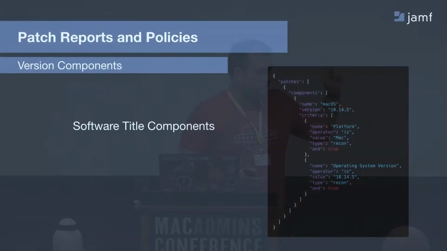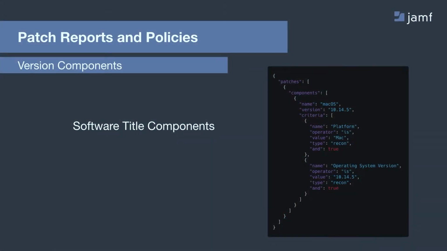So in order for a computer to be considered up to date, it has to meet the requirements that are described in the components key. So if you're looking at the JSON here, under that top level patches key, we're looking inside the version object itself. Inside the version object, there's a components key, and that components key is going to contain what the criteria is for it.